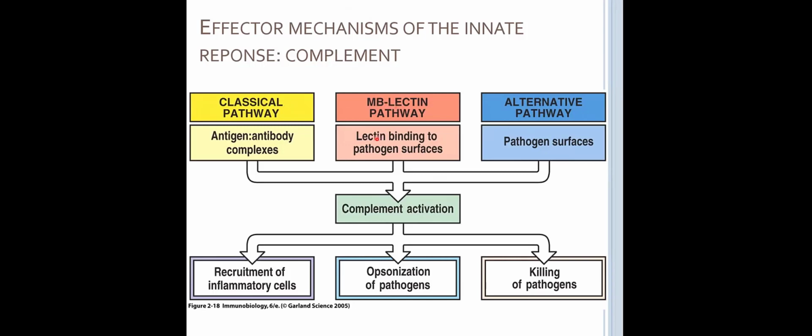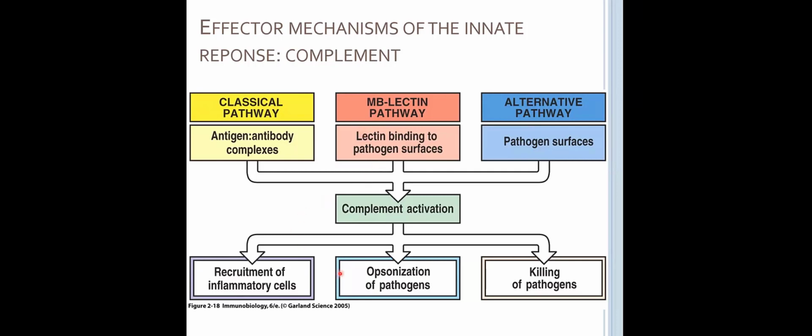What happens is it starts this cascade, where once the first complement protein has been activated, it will start activating the subsequent parts of the cascade. There are about 11 proteins in the complement cascade that each have regulatory checks on them, so you can think of it as a series of dominoes that once one starts to fall, they all start to fall.